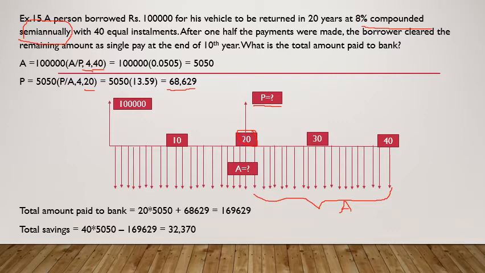So this, as I have already said, if you have some other attractive investment, you can postpone the clearing of the loan. If you do not have any other attractive investment, it is always better that you save the interest, because this 32,370 you can again use in some other investment as a single payment, which will give you a higher interest rate.